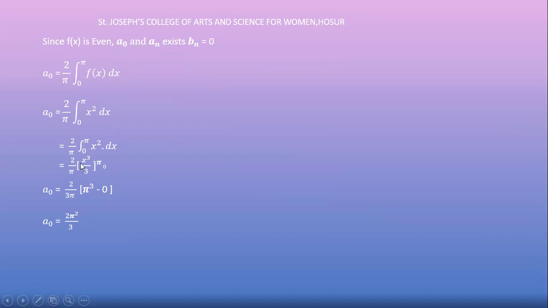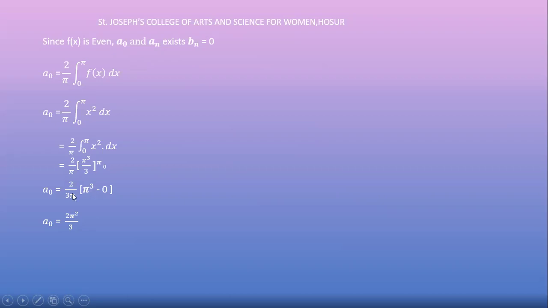I substitute the upper limit and lower limit only for the x term. In place of x, substituting pi, we get pi cube, minus the lower limit: substituting 0, we get 0. So pi cube minus 0, which is 2 by 3 pi into pi cube.